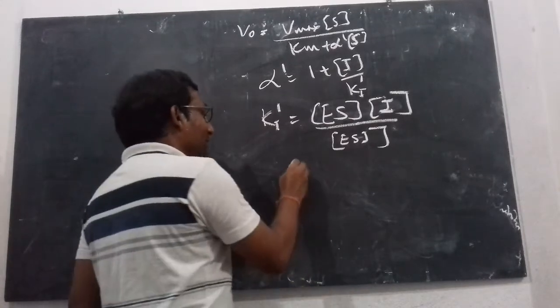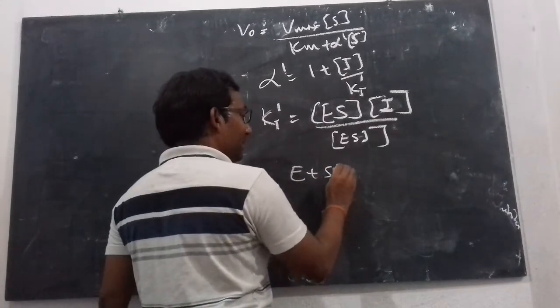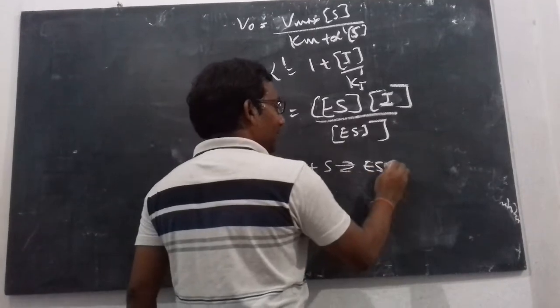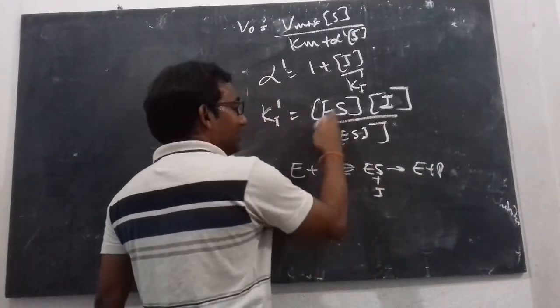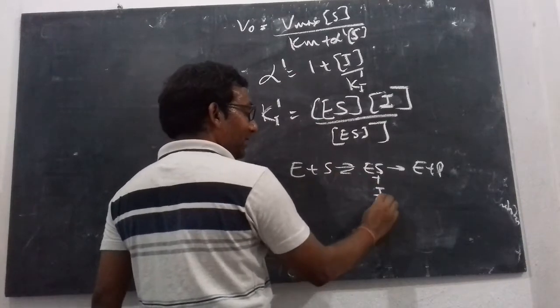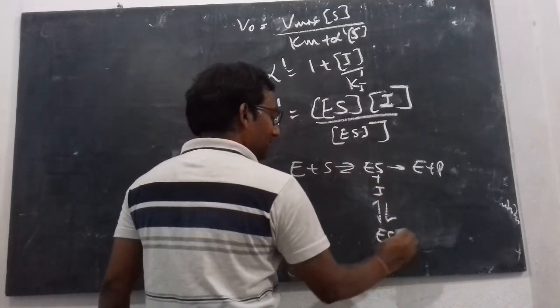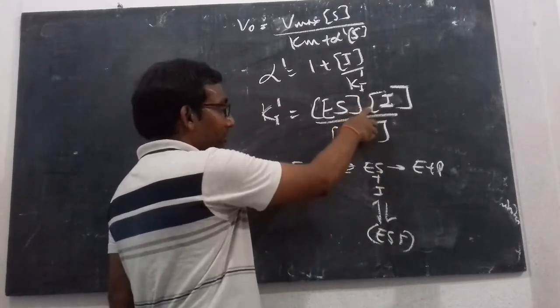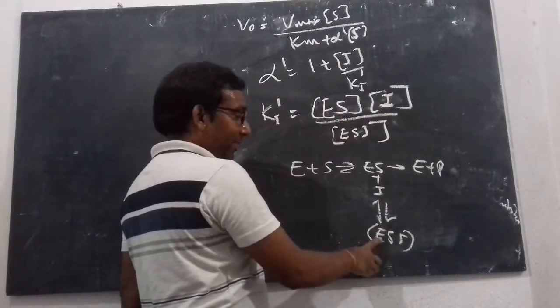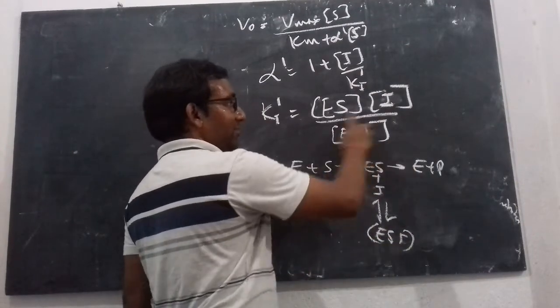Because the equation was like this. You see, enzyme plus substrate gives enzyme substrate complex, and then this was enzyme product. Here inhibitor was binding here. So enzyme substrate concentration plus inhibitor concentration gives you enzyme substrate inhibitor concentration. So you have to write enzyme substrate concentration into inhibitor concentration divided by enzyme substrate inhibitor concentration, like this.